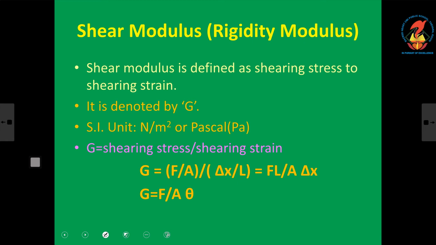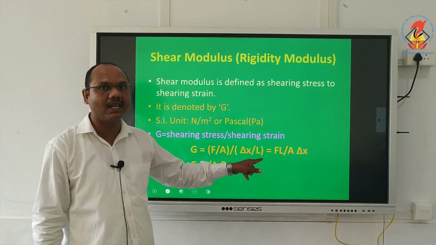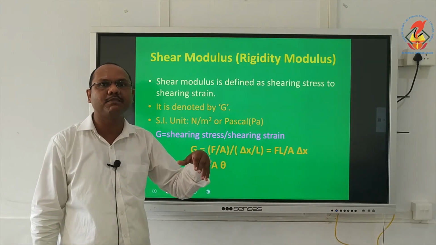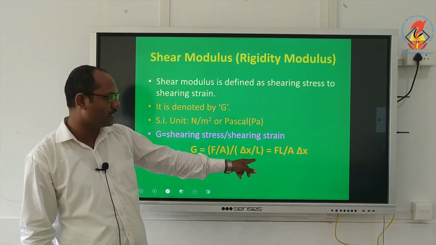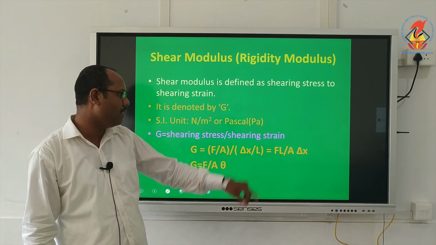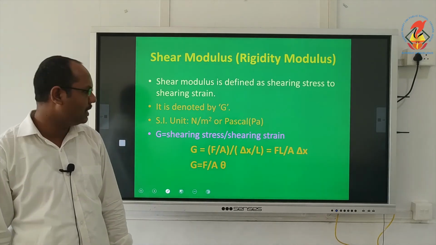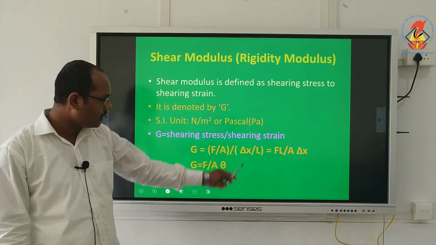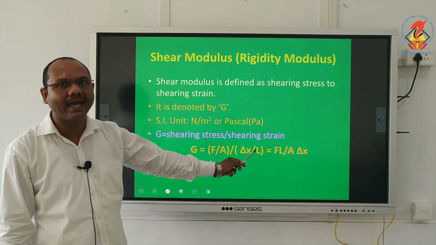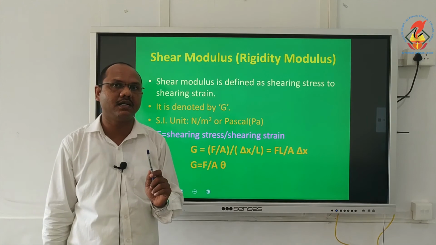And what is shearing stress? F by A. Shearing strain we studied in the previous video, delta x by L. I told you either you can write x by L or delta x by L. So, shearing strain is delta x by L. So, G is FL by A delta x. Delta x by L is called tan theta.